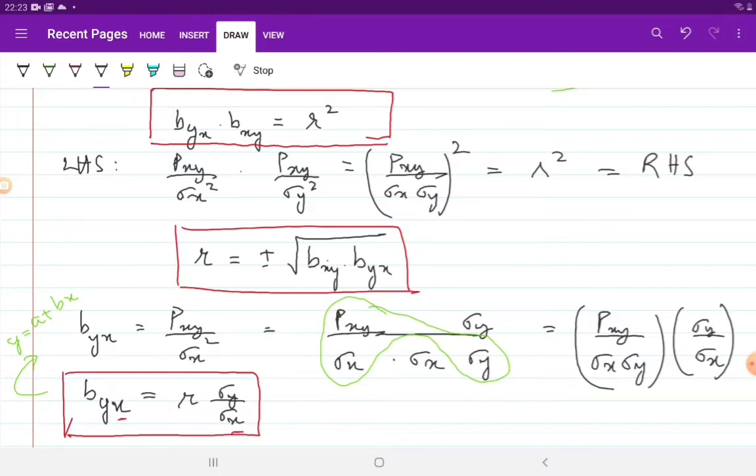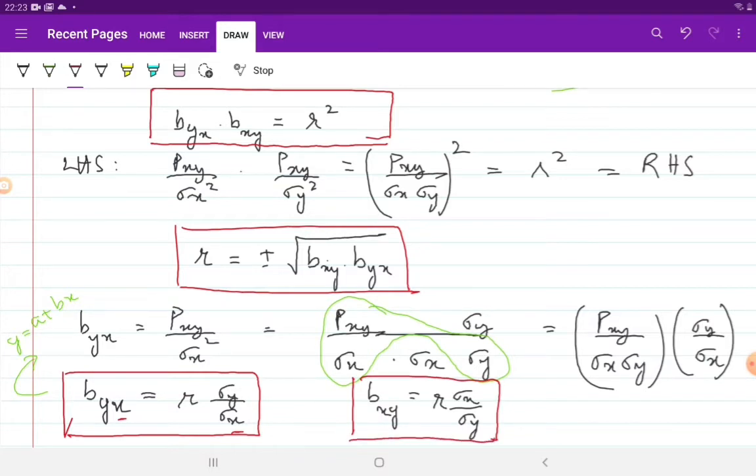In the same spirit and in the same line of logic, you can write the regression coefficient of x on y as r times sigma x by sigma y. Once again, the explanatory variable is y, so the numerator will have standard deviation of y.